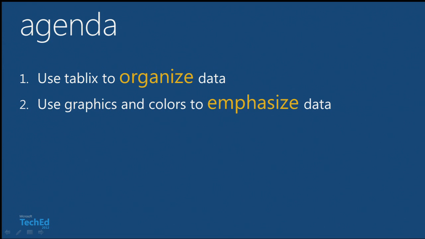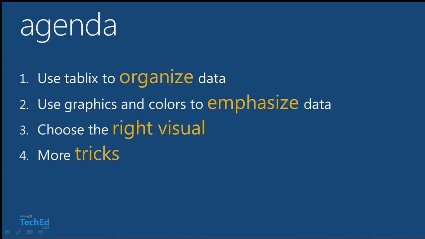Then we'll talk about using graphics and colors to emphasize data. Then we'll spend a little bit of time talking about choosing the right visual depending on what you're trying to communicate. And finally, there's just a handful of additional tricks that I think you'll find handy. So we'll get to those near the end.